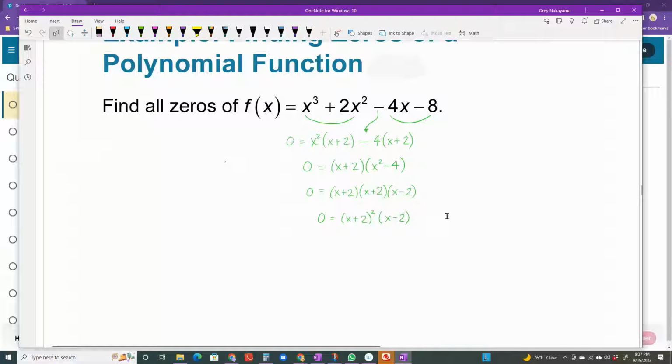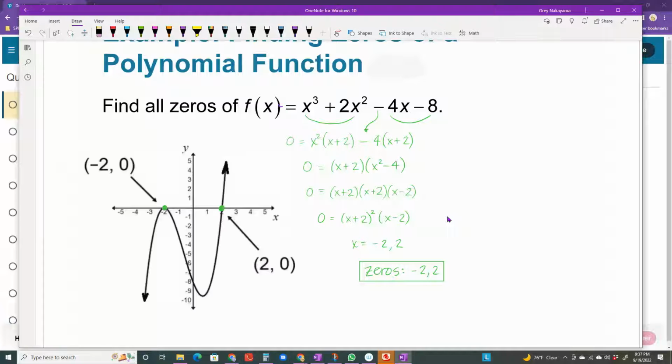That's why that 2 for an exponent is right there. And then when you set each of those factors equal to 0, you find out that x equals negative 2 or positive 2. So the zeros of my function are negative 2 and positive 2. And if you graphed it to check it, it would look like that.